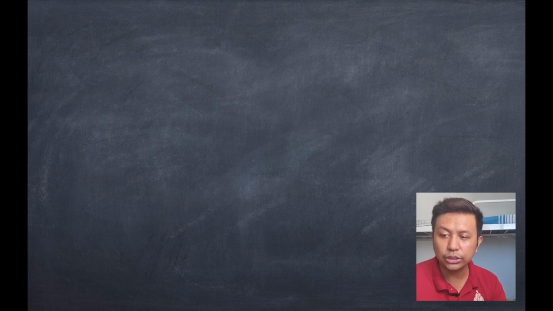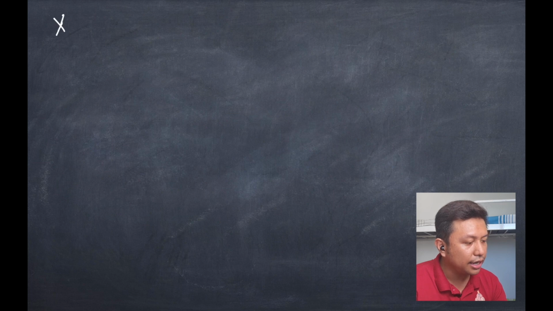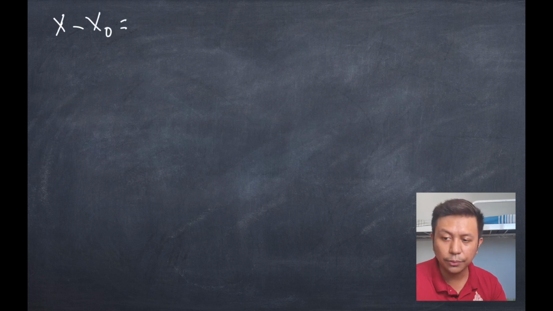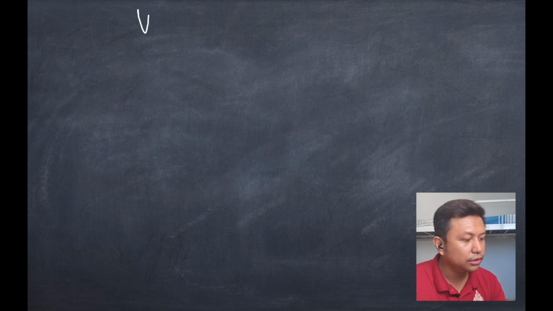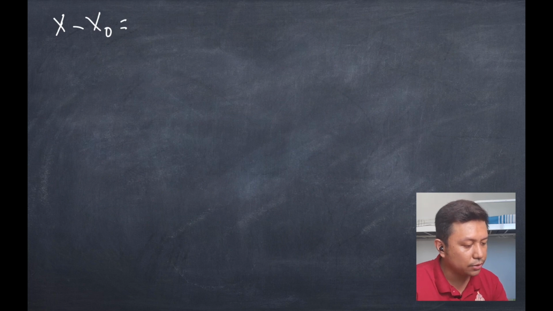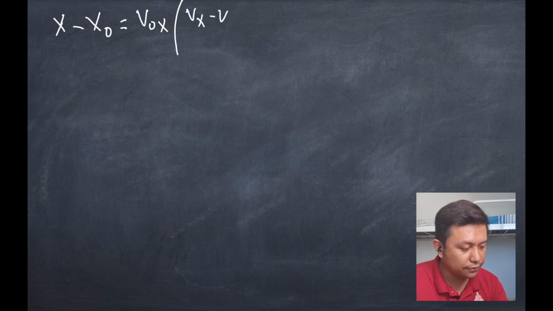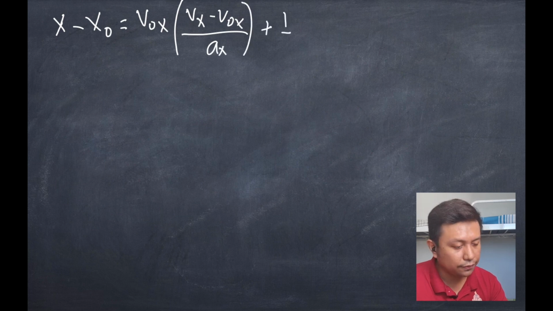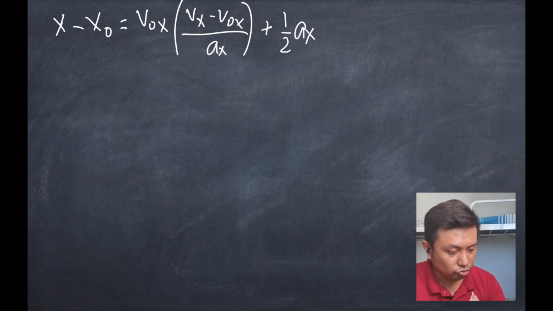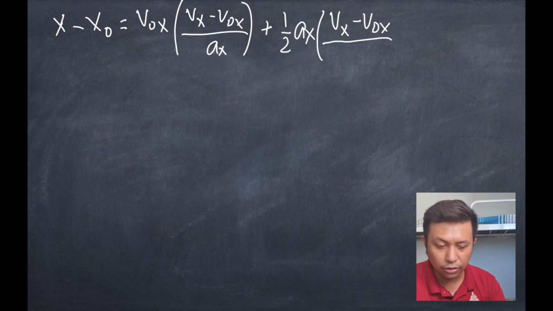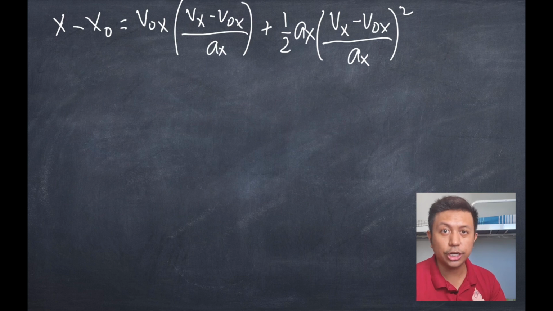We are left with x minus x naught is equal to v naught of x times vx minus v naught of x all over a sub x, plus 1/2 a sub x times vx minus v naught of x all over a sub x, squared.